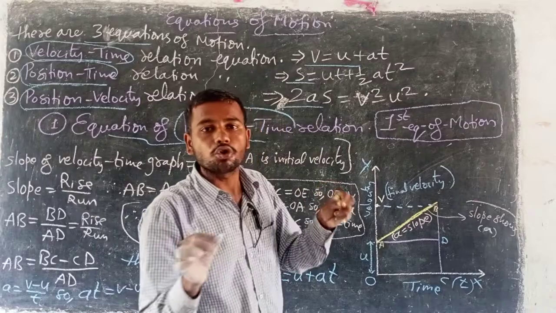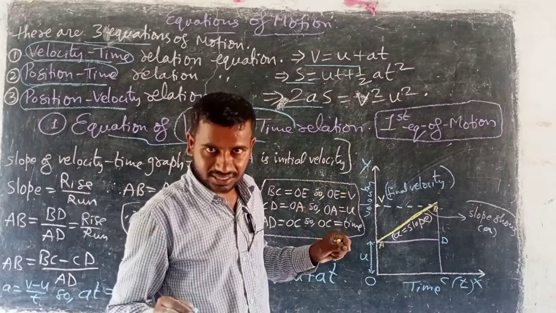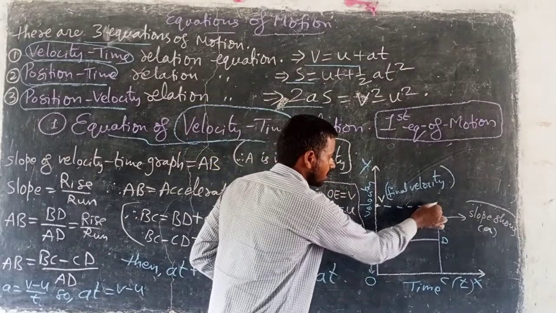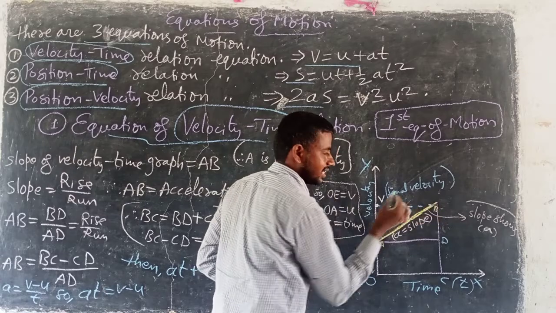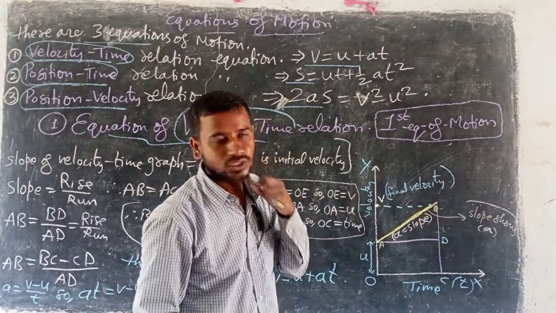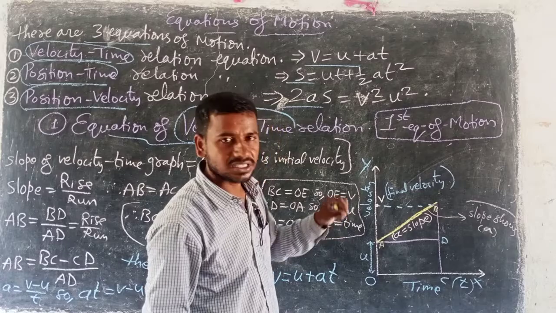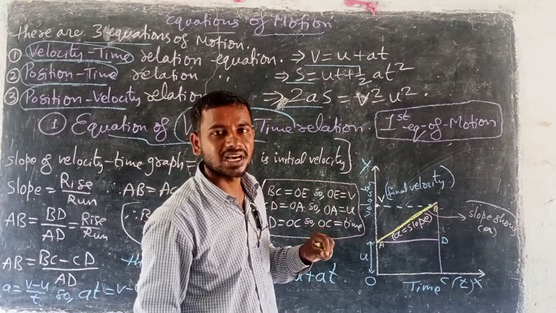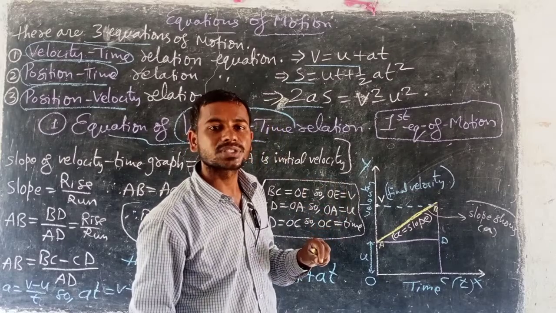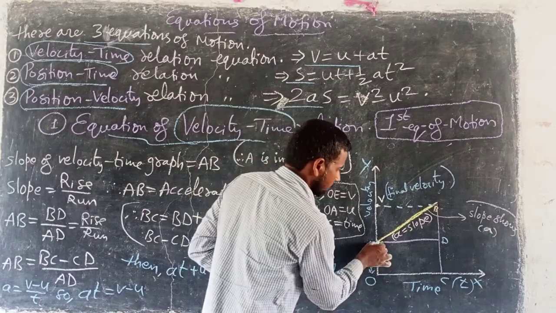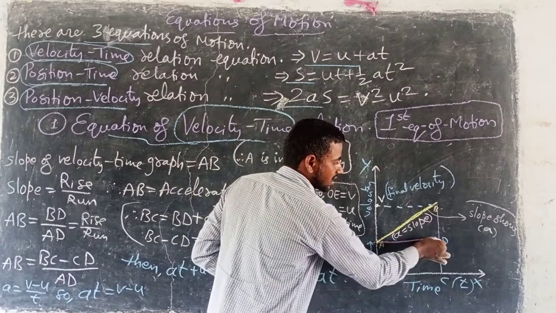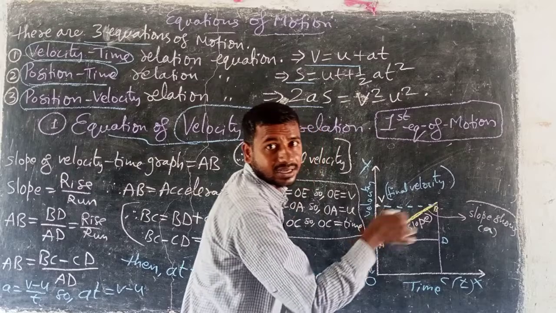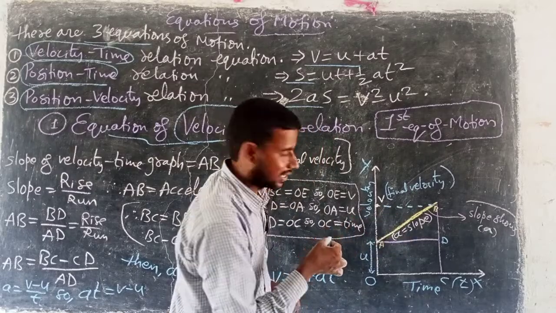Then the slope is our acceleration. Slope AB is our acceleration. For calculation purposes, take a constant line, an equal line.